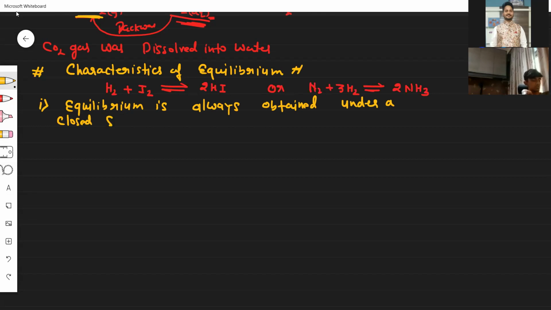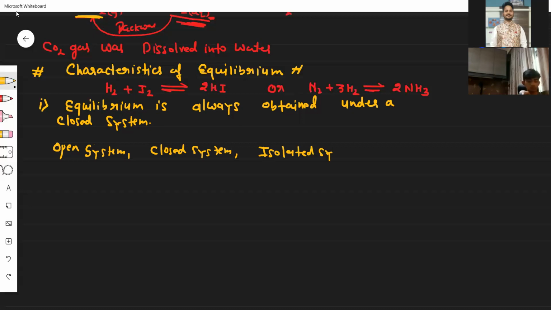Closed system. There are mainly three types of system: open system, closed system, and then isolated system. Okay. Now, if I give the example, what is the meaning of an open system? You have taken a green tea.